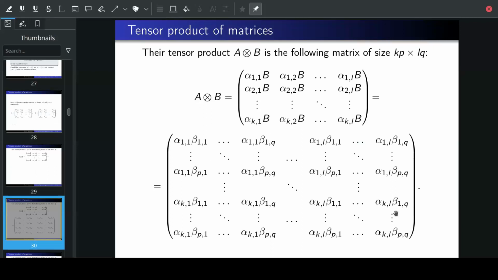You can see that the number of rows of this matrix is the product of the number of rows of the first matrix and the number of rows of the second, and similarly for the columns. It's not hard to see that the tensor product of vectors that I defined before is a special case of this rule. And this tensor product of matrices is also linear in the first and in the second argument.